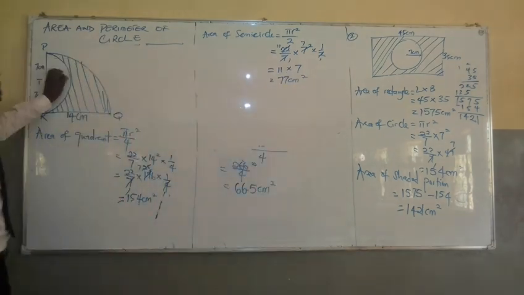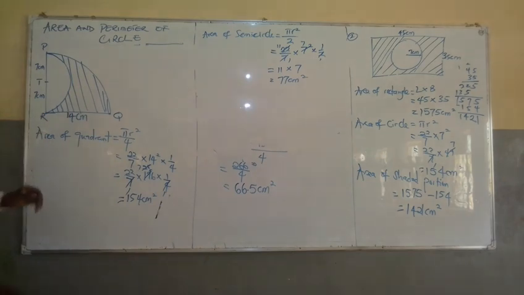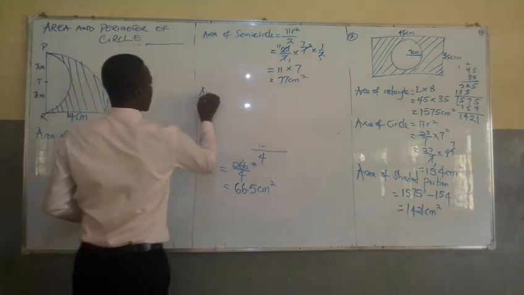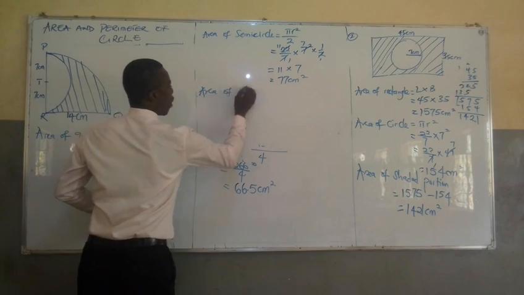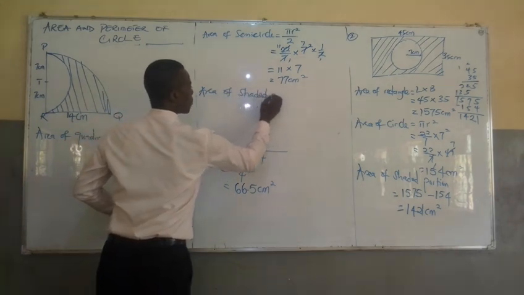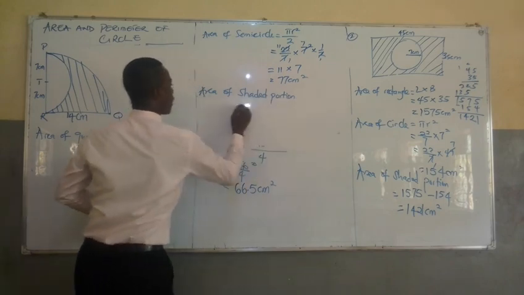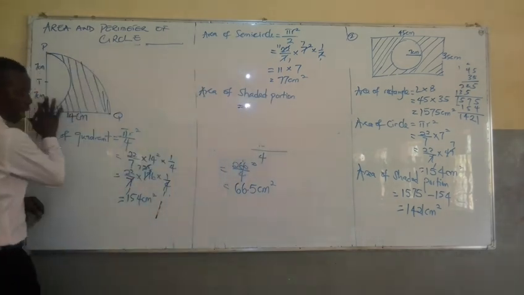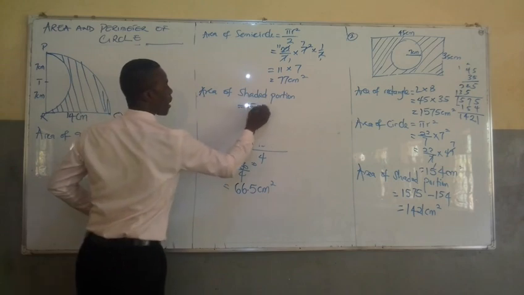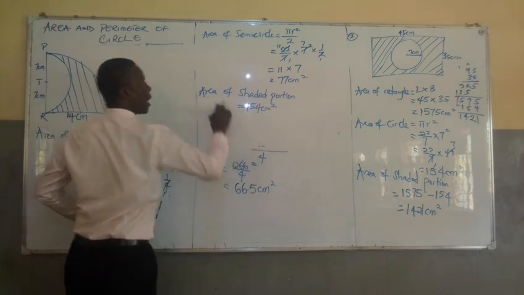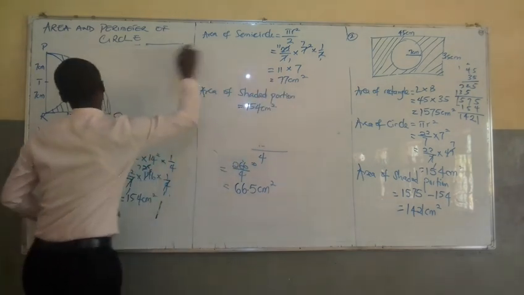So the area of the semicircle is 77 centimeter square, which makes the area of shaded portion to be the area of the quadrant, which is 154 centimeters square, minus the area of the semicircle.